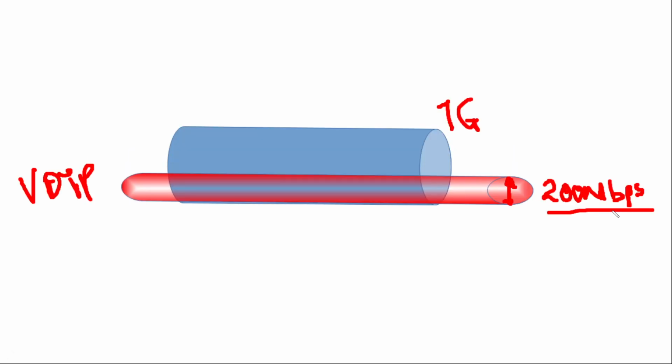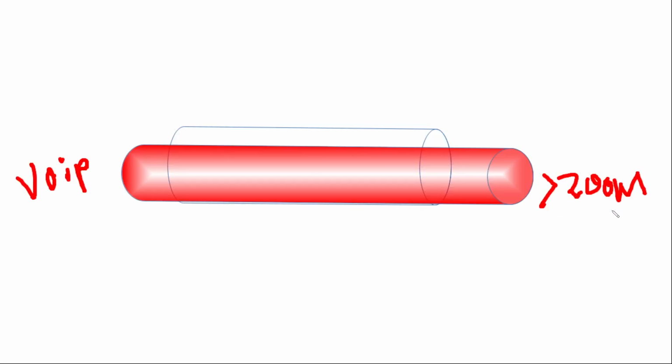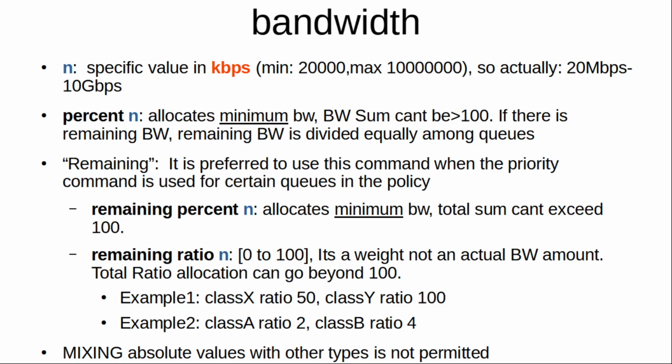And this minimum bandwidth happens when the interface is saturated. When the interface is not saturated, these classes can use more bandwidth than the bandwidth that was allocated to them. So let's see how to configure this guaranteed minimum bandwidth to classes.